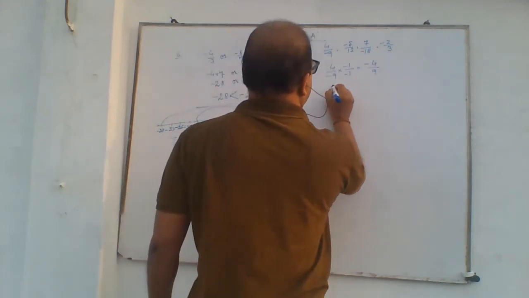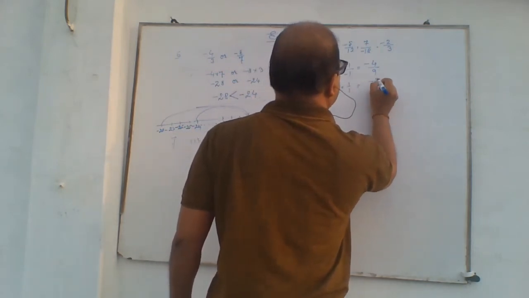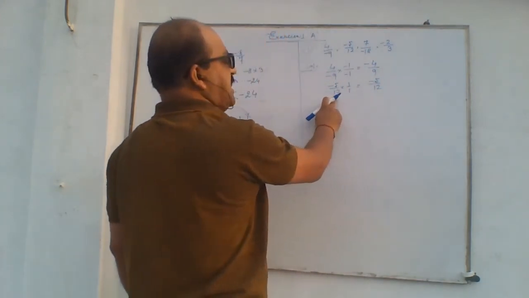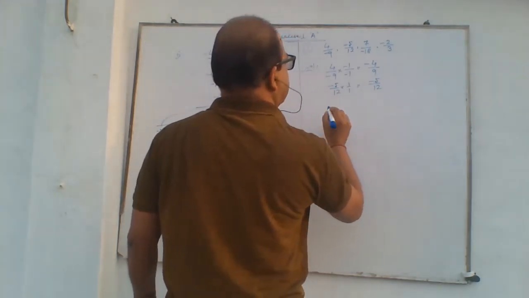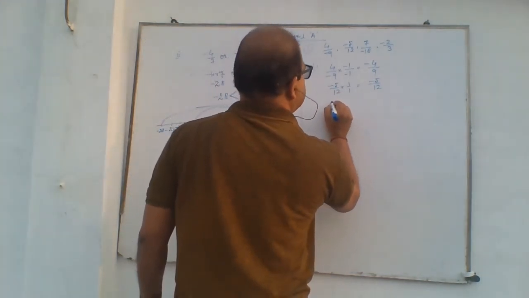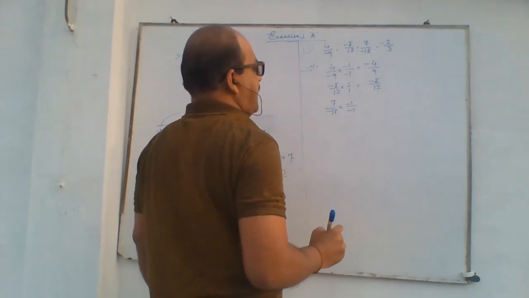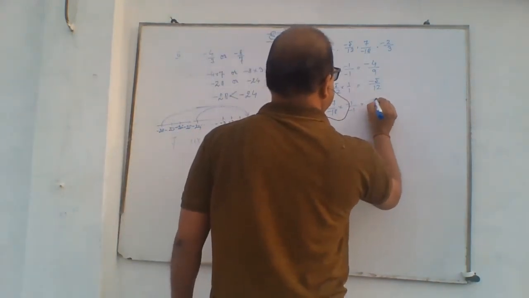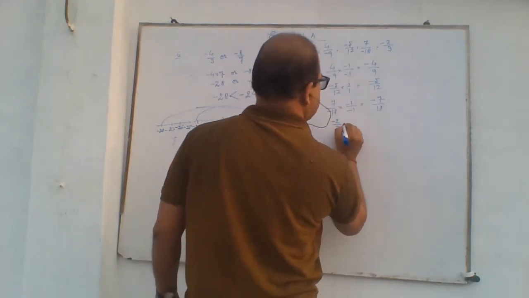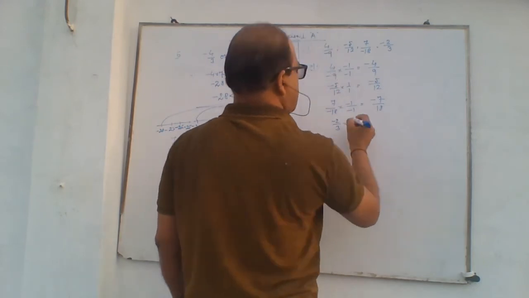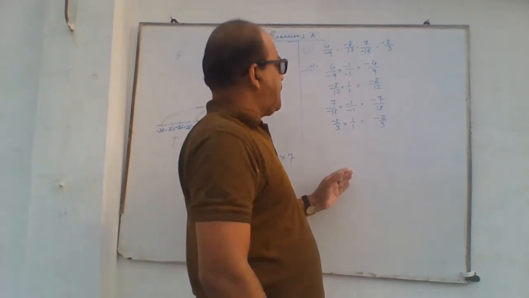Again minus 5 by 12: no need to change, because as required for a rational number, the denominator is in the positive place. 7 by minus 18: here it is required to multiply by negative numbers, so minus 7 by 18. And again minus 2 by 3: no need to multiply. These are the numbers.